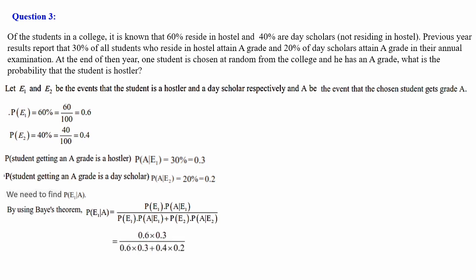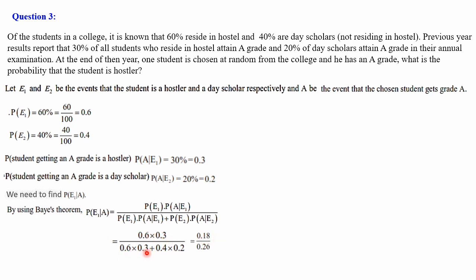Let's substitute the values. P of E1 is 0.6 and P of A given E1 is 0.3. So 0.6 into 0.3, plus P of E2, which is 0.4, into P of A given E2, which is 0.2. Just multiply it. 0.6 into 0.3 is 0.18.